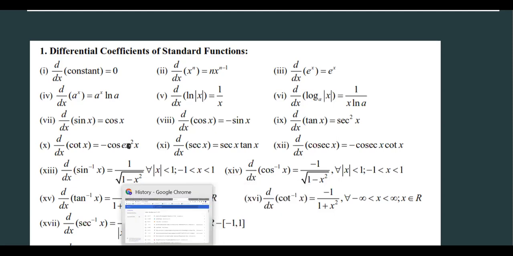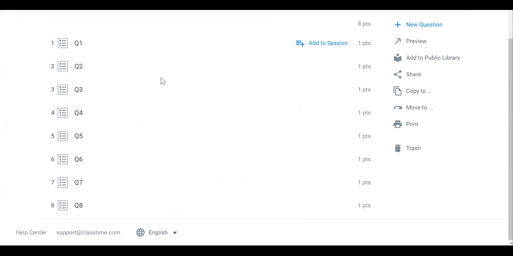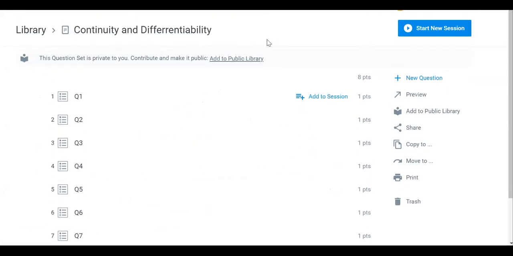Now, let us go to class time. So I have a questionnaire, 8 questions on continuity and differentiability. These are all previous GATE question papers. Now, let us start solving this one by one. So I'm starting the new session. You open classtime.com.